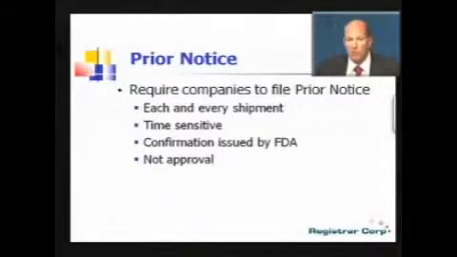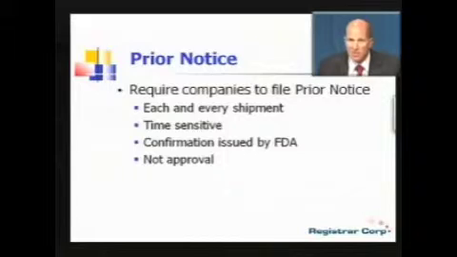Now, another part of the Bioterrorism Act is something called prior notice. Once you have registered your facility with FDA and you're ready to begin shipping to the United States, you're required to file prior notice, which is in essence a submission of information that you give to FDA for each and every shipment of food or beverages that will arrive in the United States.